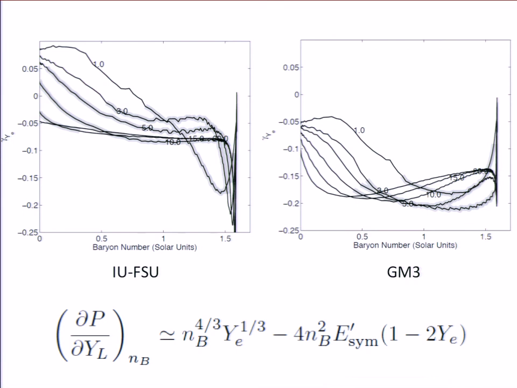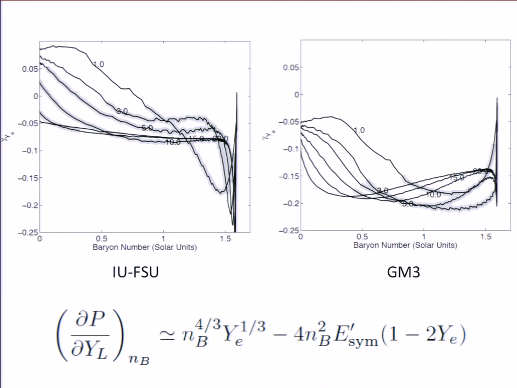So maybe this is explaining why convection is proceeding throughout more of the star and for a longer period of time in IUFSU. In GM3, with this equation of state that has a larger derivative of the symmetry energy, the lepton gradients are actually providing a stabilizing influence on what's going on.